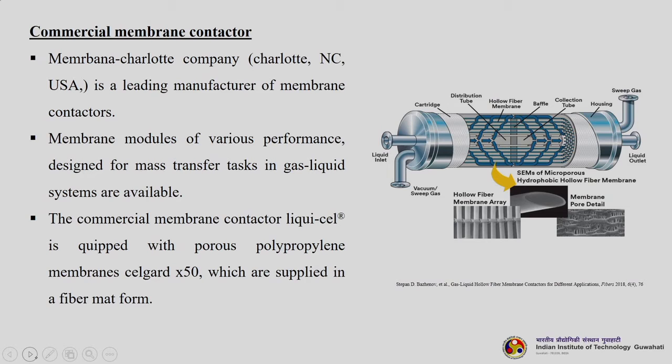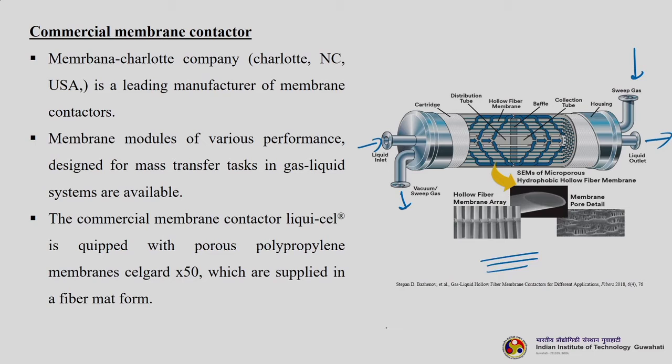Okay. So, this is a gas liquid hollow fiber membrane contactor for different applications. You can see the liquid will go in here and out here, and your vacuum gas or sweep gas will come in here, or it will be out here. You can see the distribution of tubes inside, and these lines you are seeing are actually hollow fiber membranes.